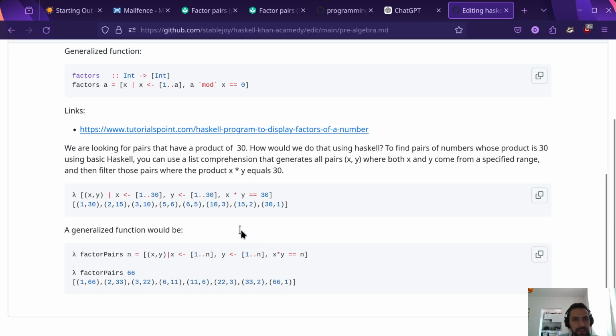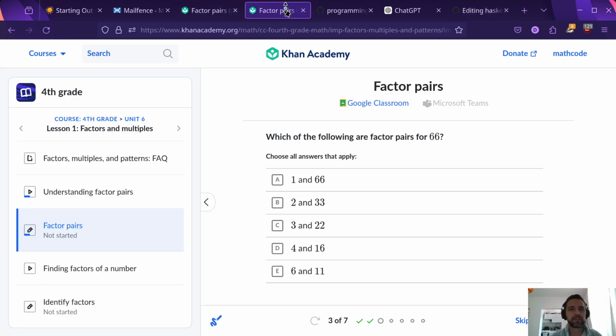This is nice. Right. 1 and 66, 2 and 33, 3.